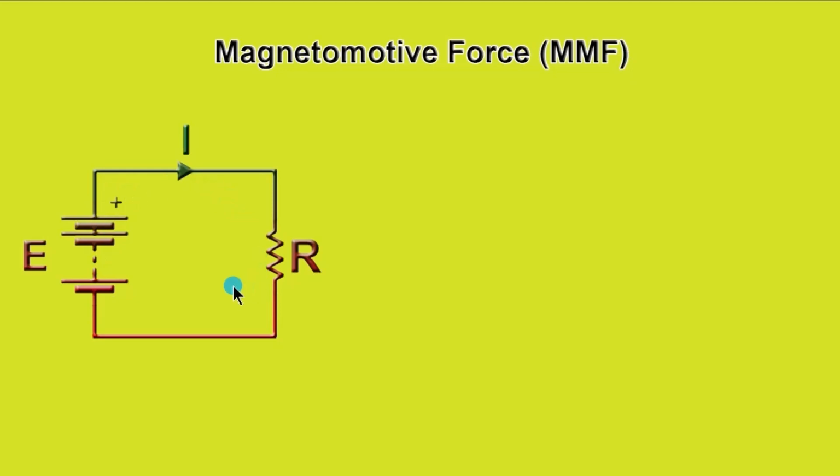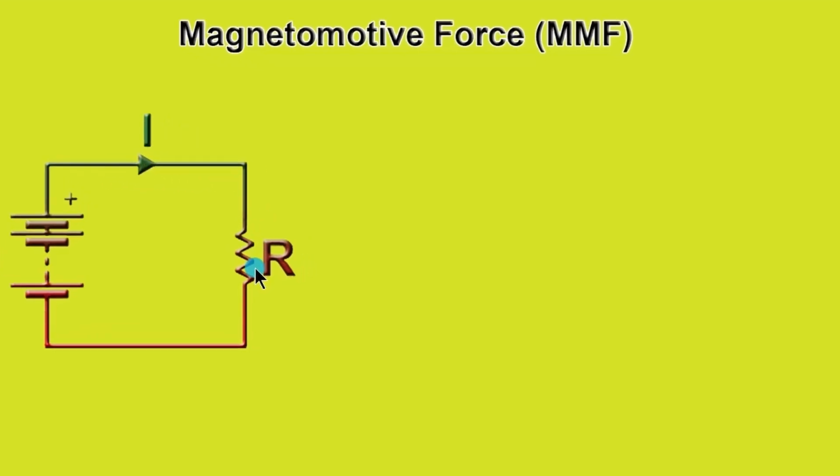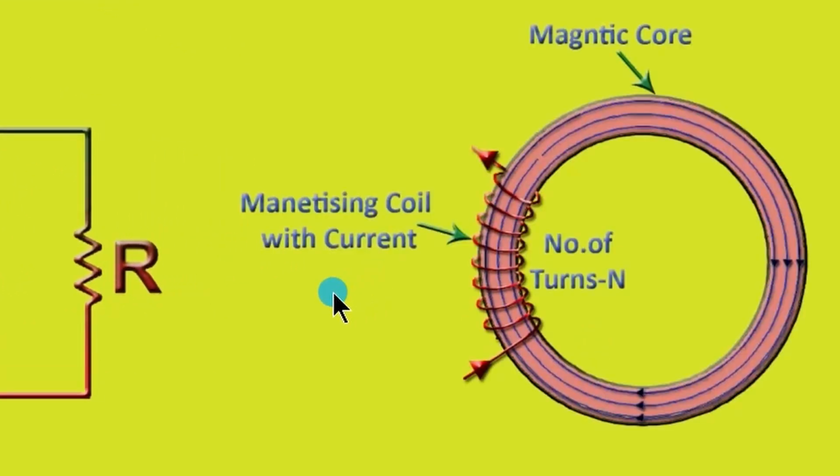Magnetomotive Force, or MMF. In an electric circuit, when electromotive force or EMF is applied, current flows as per the load. Similarly, magnetomotive force MMF is the force which establishes the magnetic flux in a magnetic circuit. In this core, we have wound a magnetizing coil.